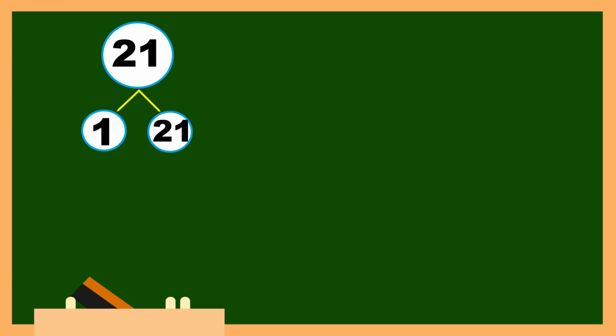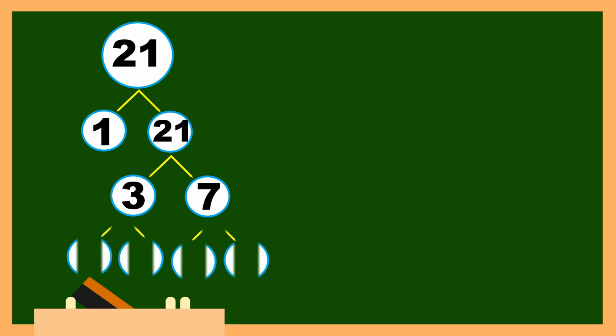Halimbawa ng odd composite number ay 21. Kung gagamitin ang factor 3, ang factors ni 21 ay 1 and 21. And if we get the factor of 21, we have 3 and 7. Kung ipa-factor pa natin si 3 and 7, meron silang factors na. So, for 3, ang factors niya ay 1 and 3. And kay 7 naman, ang kanyang factors ay 1 and 7.